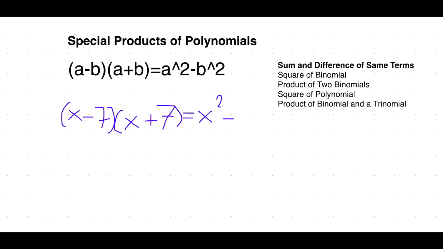And 7 squared is 49. So we can confidently say that that's our answer.